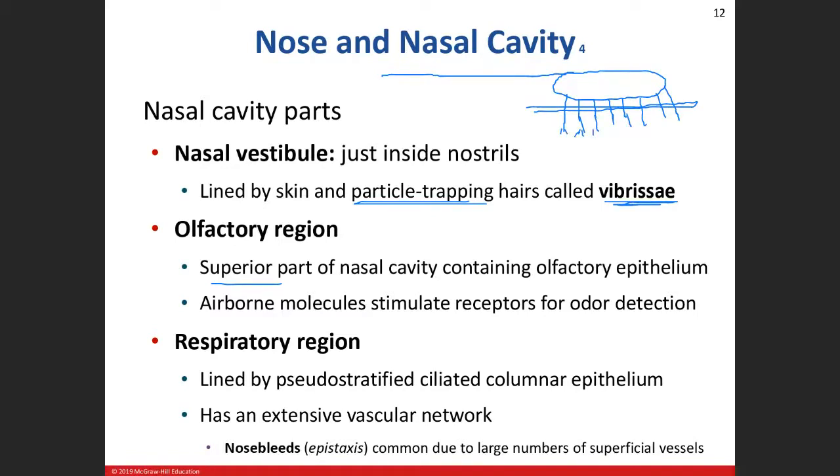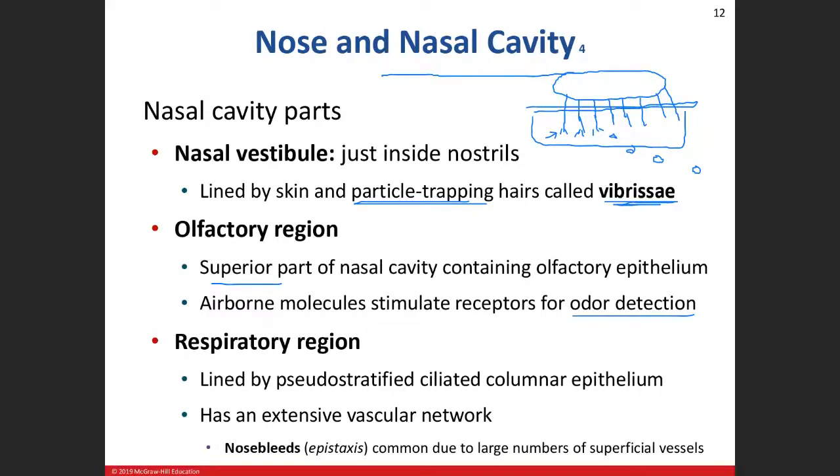It had these little hair-like structures on the end of them. And this was all encapsulated in mucus. So then you smell something, they call them odorants, and they would flow in, and then they go into the mucous membrane, and then they bind on to these special proteins, and these proteins would then go to the ends of the olfactory neurons here, and it would stimulate. You probably all remember this from 210, all right? But that's located in the superior portion there, okay? Its job is for smell detection, all right?